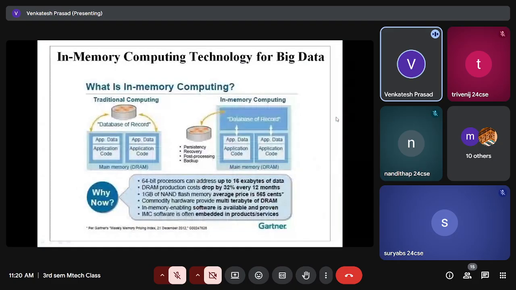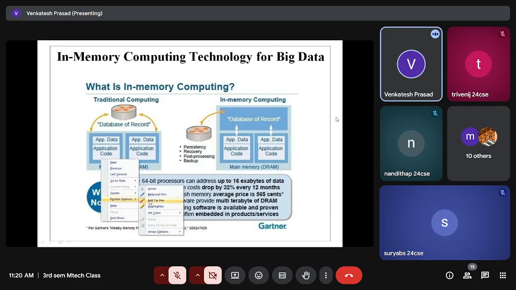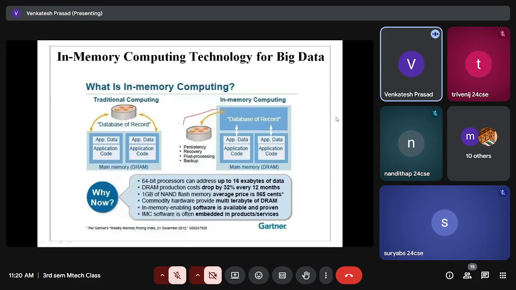In-memory computation, where a large amount of memory, a memory grid, that is a grid of real physical memory, is used for all computations as well as for storage until the persistent store is needed. That is, until the data or result should be stored permanently, it stays in memory, and then the data is pushed to persistent storage. So you get faster results, better performance, reduced latency, and so on and so forth. Lots of advantages I explained yesterday.